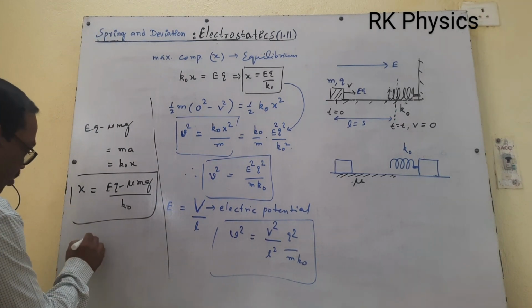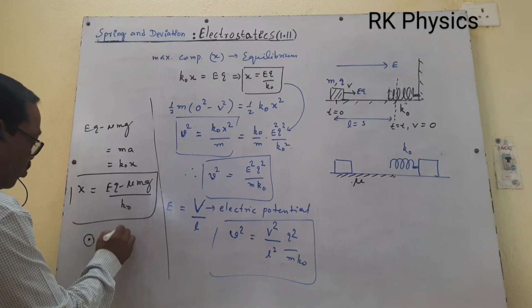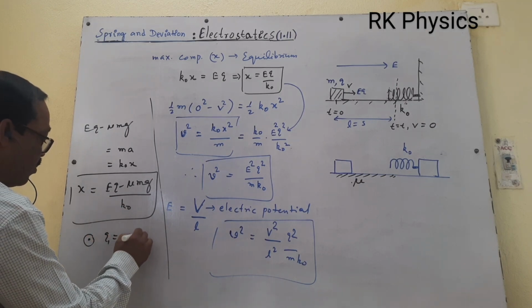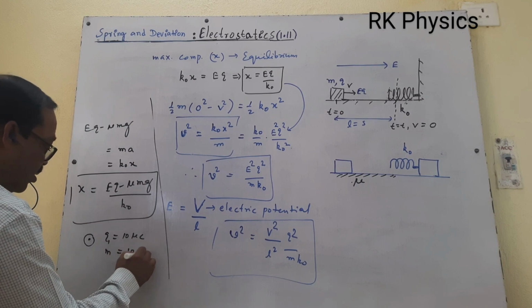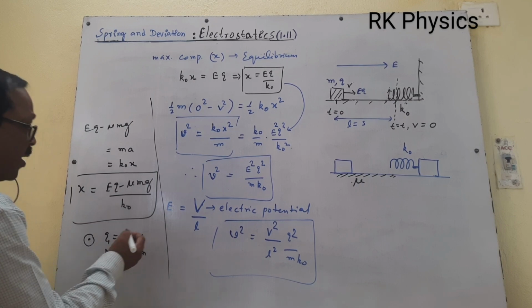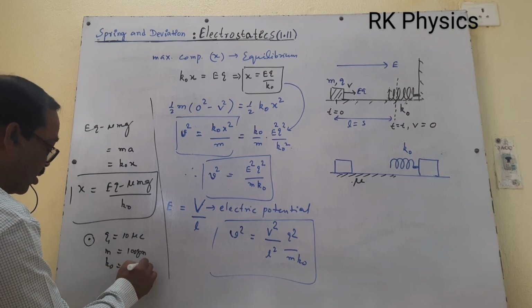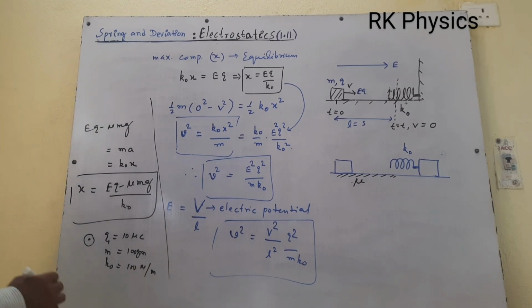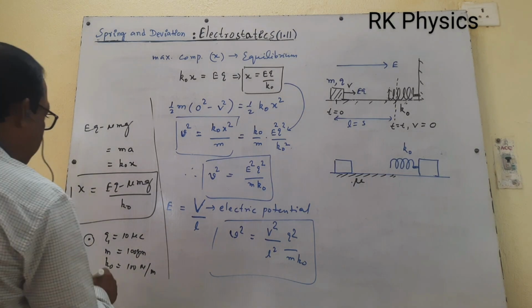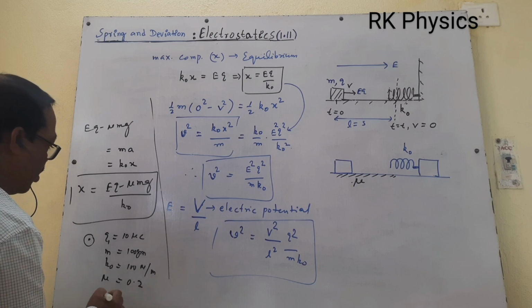And here is a problem for you, let us try. Take Q equal to 10 microcoulomb, m equal to 100 gram, K naught equal to 100 SI units, that is, newton per meter, and mu equal to 0.2.